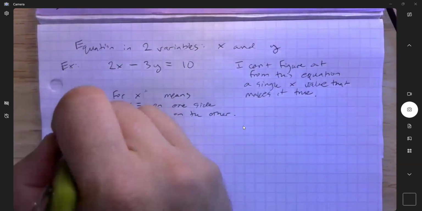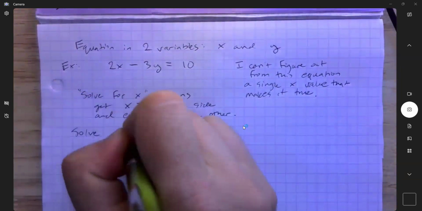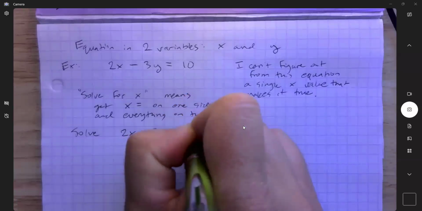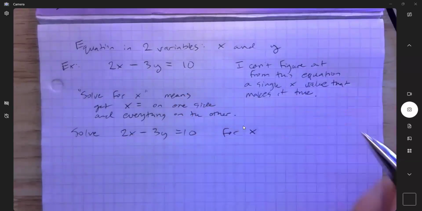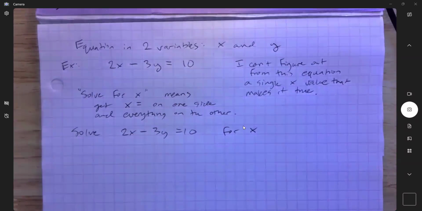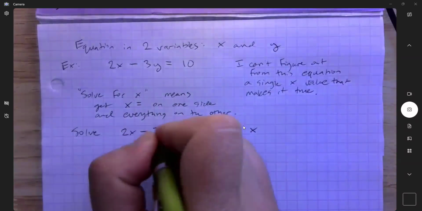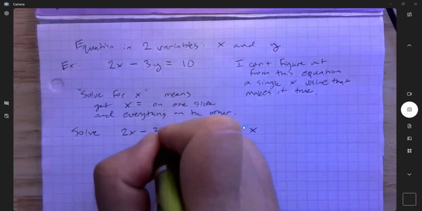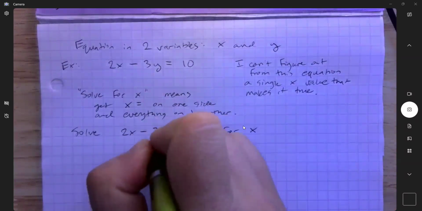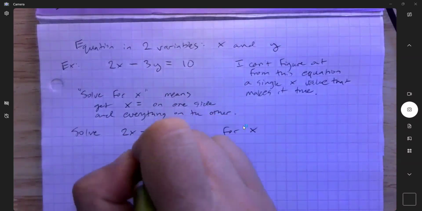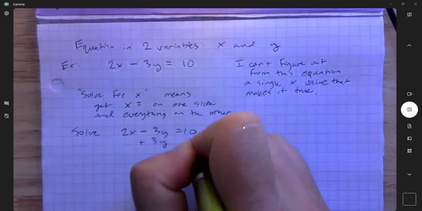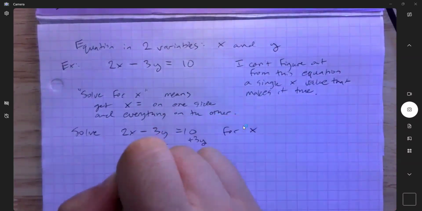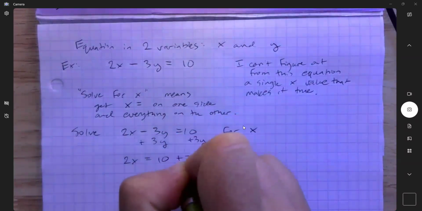So if I do that, and if I solve 2x minus 3y equals 10 for x, I'm going to treat the 3y as a single unit, as a single term. And instead of adding just 3 or instead of adding just y, I'm going to add the 3y to both sides. And I get 2x equals 10 plus 3y.